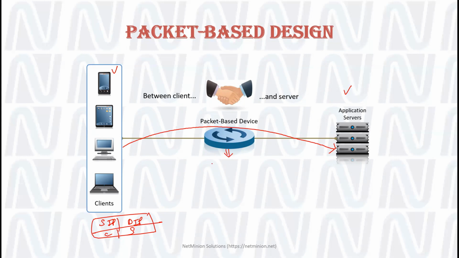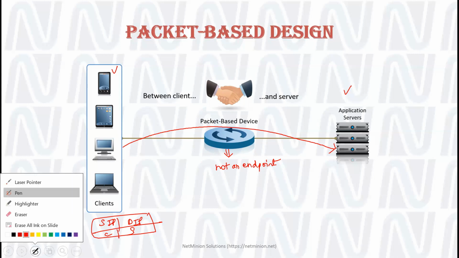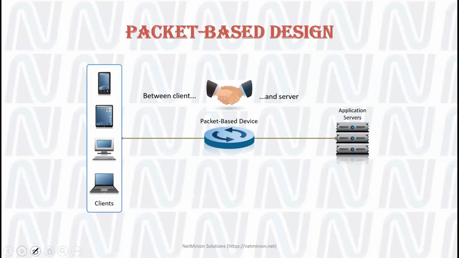They support the stream of the communication, but are not an endpoint. So it just passes the packet through. It's just sending the traffic from here to there, right? I hope no doubt. Let me just proceed. So you can see request and response both.